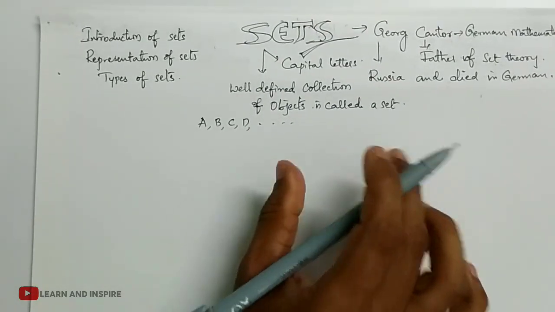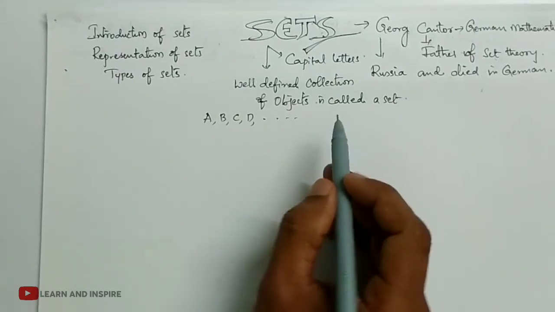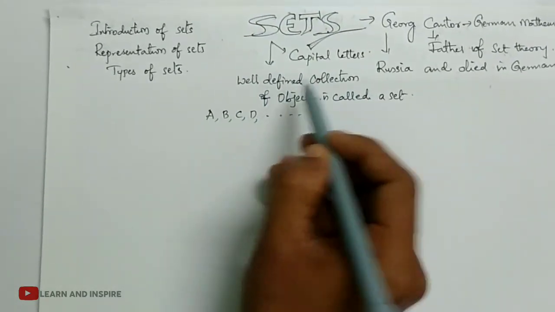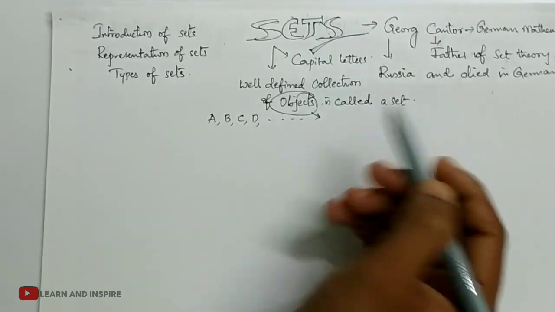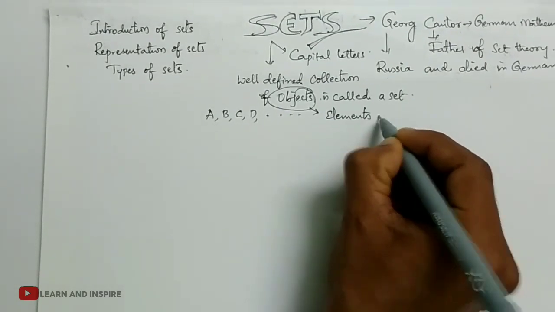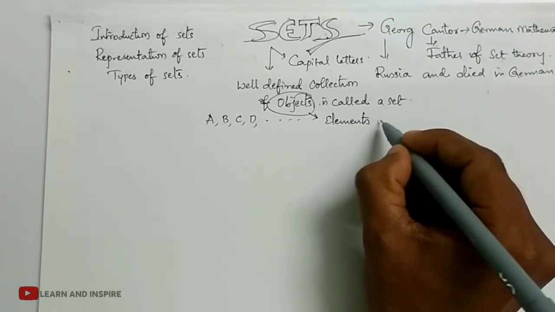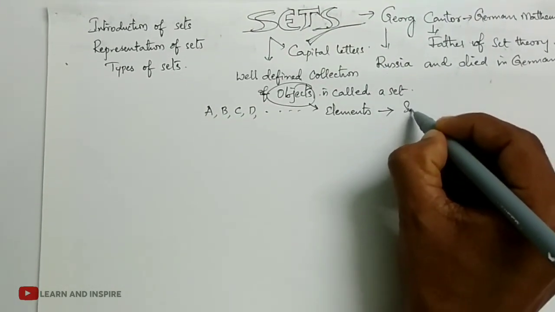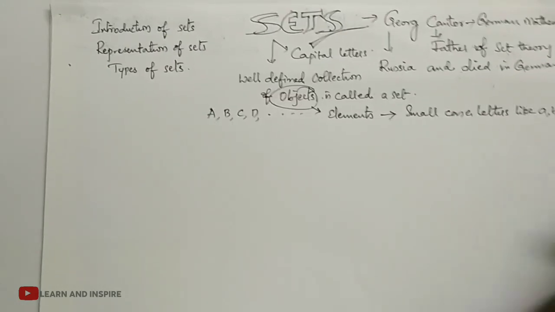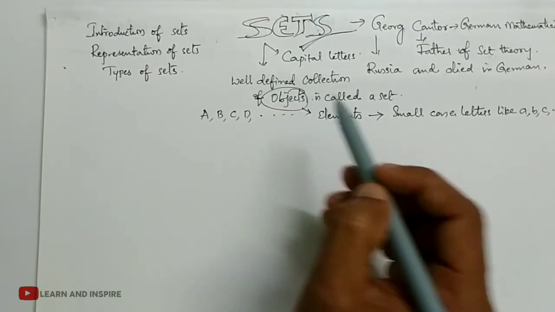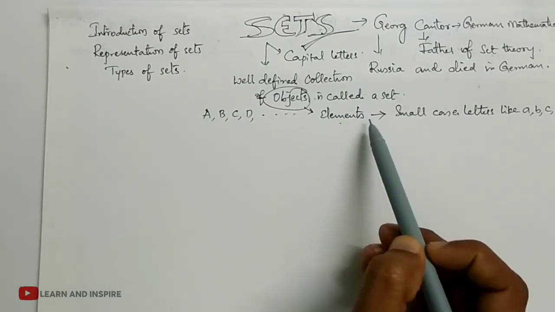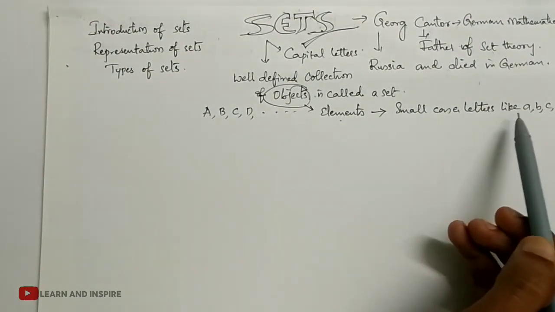The objects belonging to a set are called elements, and these elements are denoted by small case letters like a, b, c, and so on.